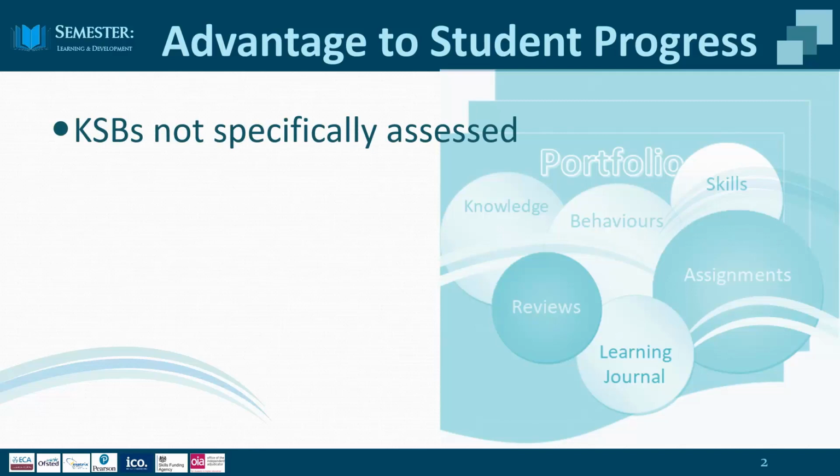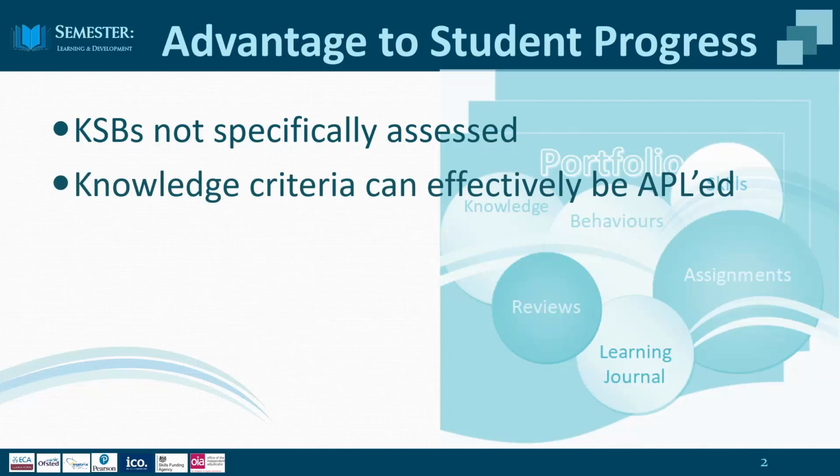The knowledge, skills and behaviours of all our apprenticeship standards are not assessed specifically, with the exception possibly of the skills criteria, which can be demonstrated directly during their NVQ by adding specific student-driven assessment evidence.